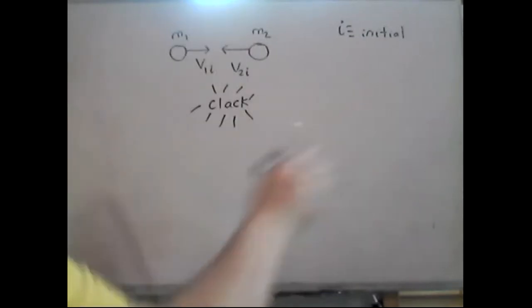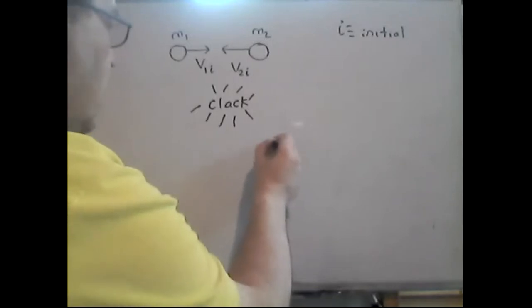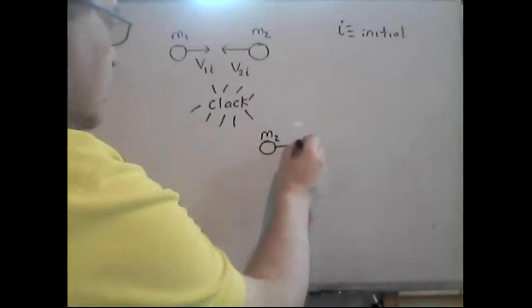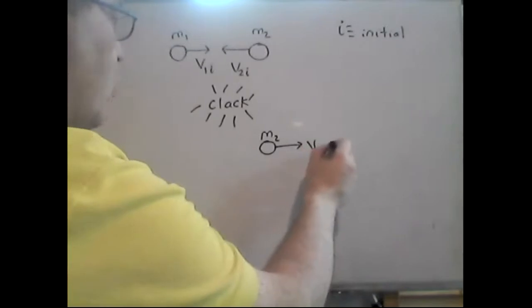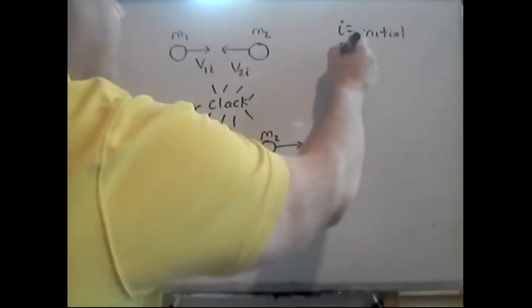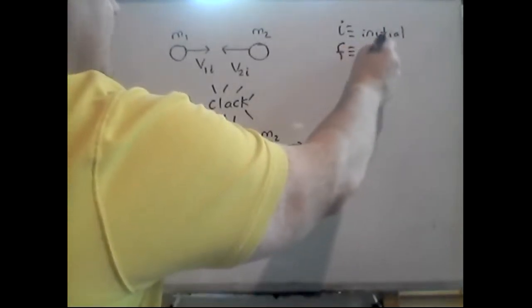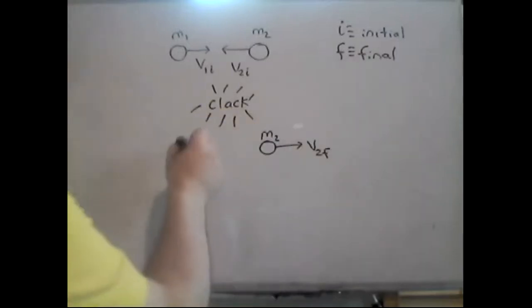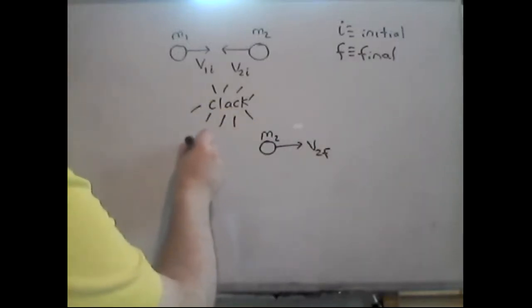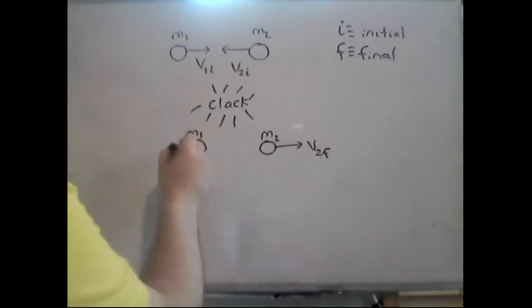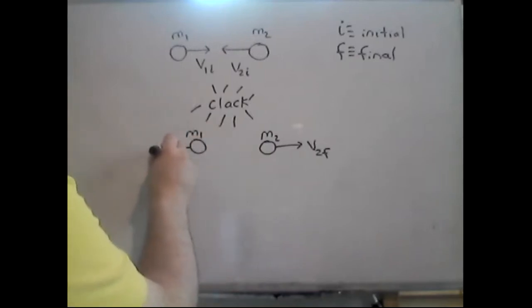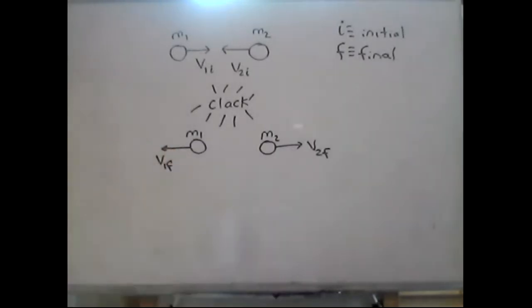And then here you have m2 going off at v2F. F, as usual, stands for final. And m1 going off at v1F. We're assuming the masses, of course, stay the same. In collisions, that's not always true. All right, so that's the situation.